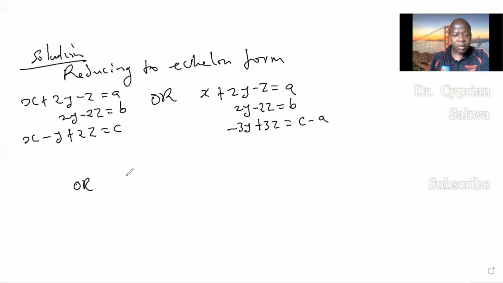So what do I get? The first equation remains where it is. The second equation, I'm dividing by 2. So I would have y minus z is B divided by 2. And the third equation remains the way it is.